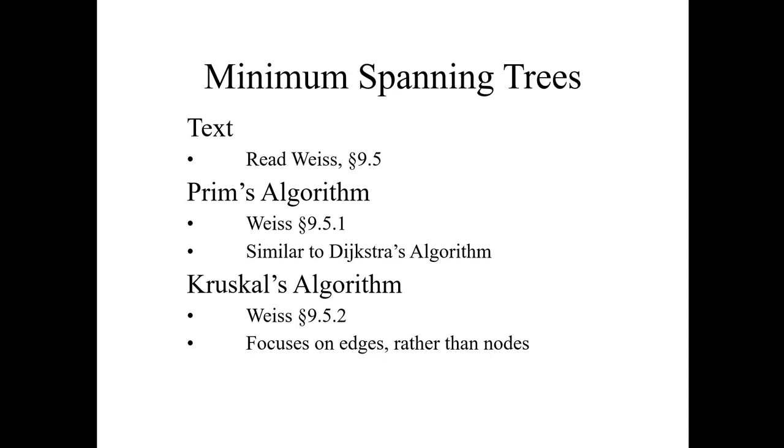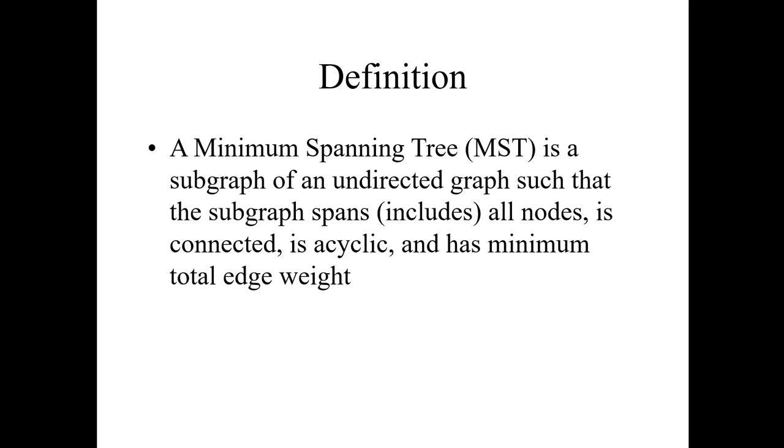It's up to you which solution you are finding. Definition: a minimum spanning tree is a subgraph of an undirected graph such that the subgraph spans all nodes, is connected, is acyclic, and has minimum total edge weight. So here we are trying to find the minimum spanning tree.